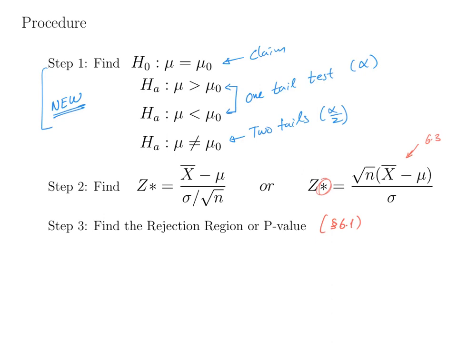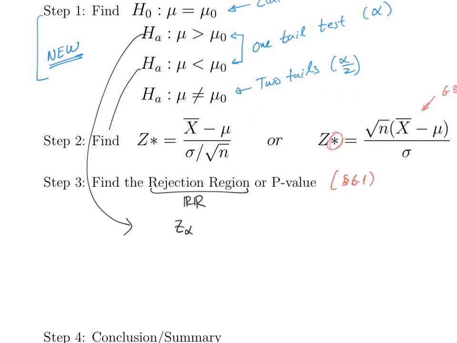So for example, if you have this alternative, then the rejection region, which I'm going to call RR from now on, is going to be Z of alpha, which remember we saw those values in chapter 6 and in chapter 7. That was the one that was 1.96, 2.5, and so forth. They will be the same values. If this is the case, then this will be minus Z of alpha.